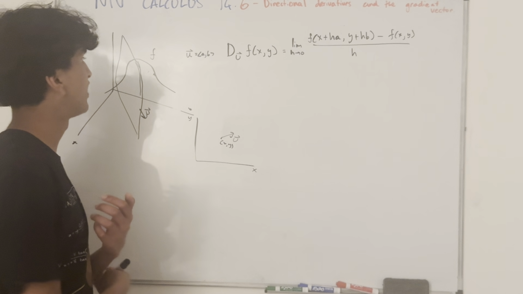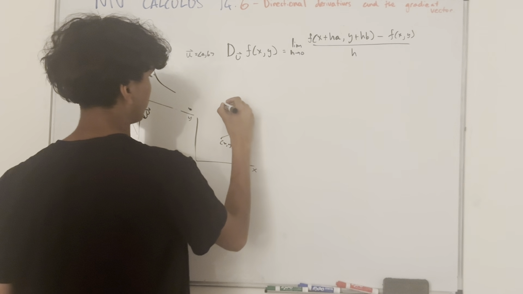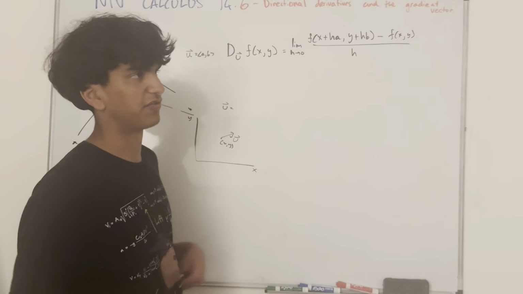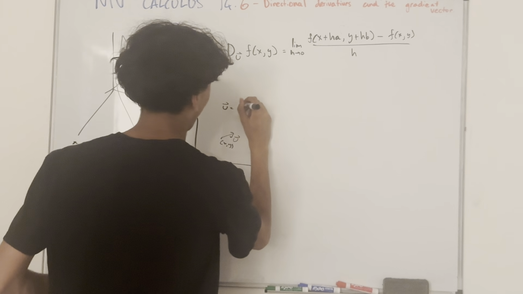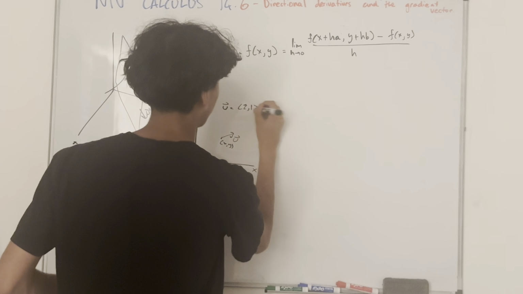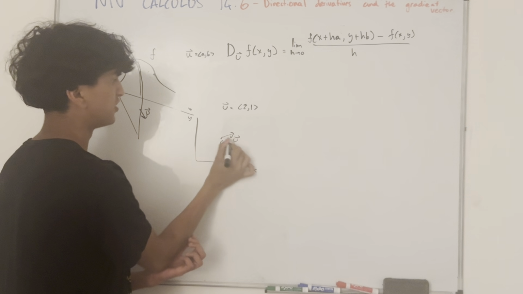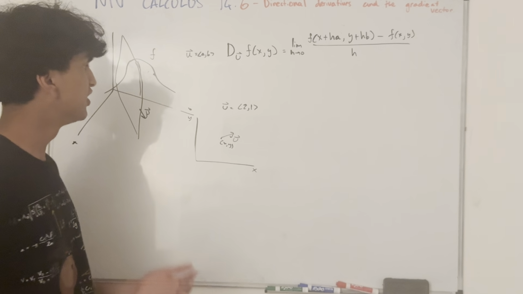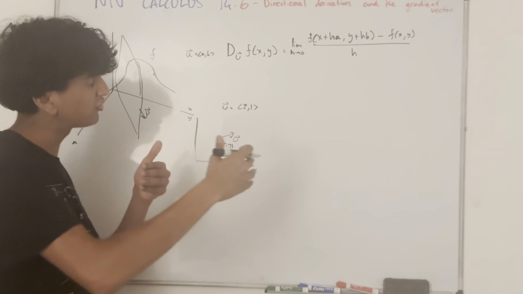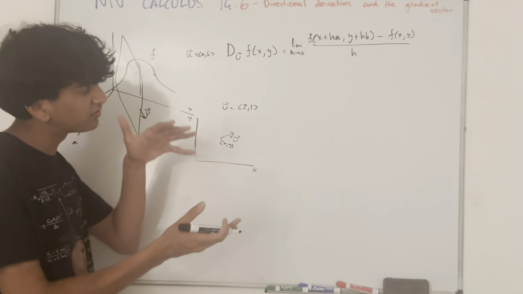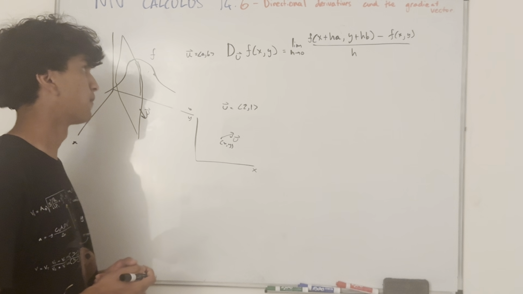It's sort of like, let's say u is equal to... it's kind of like you're going 2 nudges to the right and then 1 nudge up, right? You're going 2 very small spaces to the right and then 1 small space up.